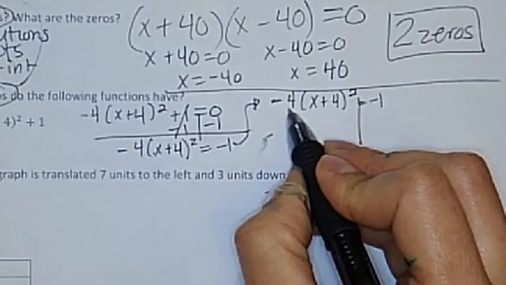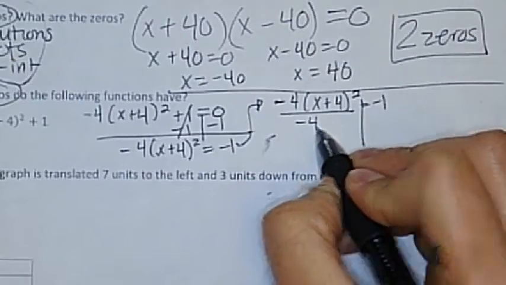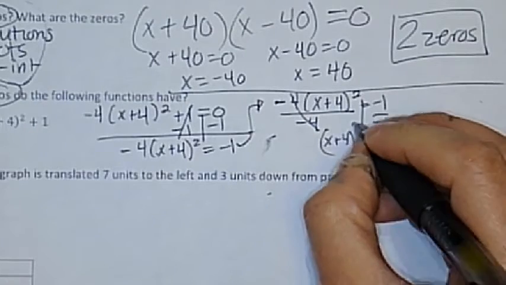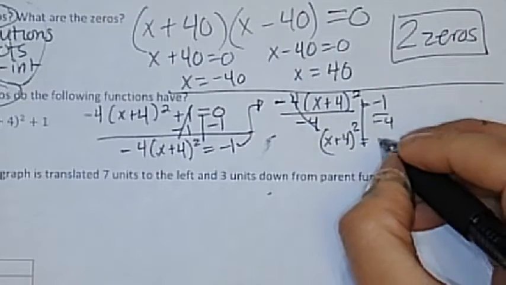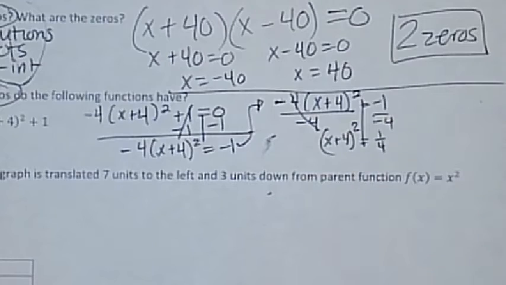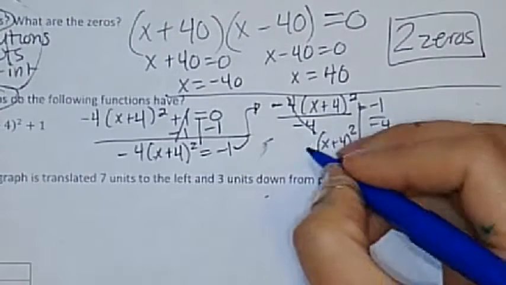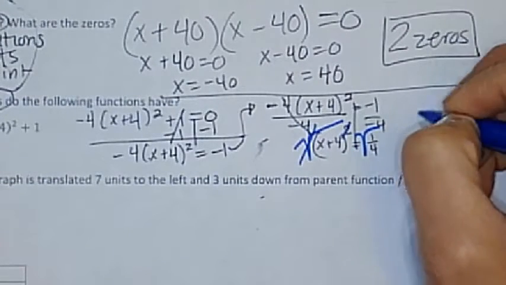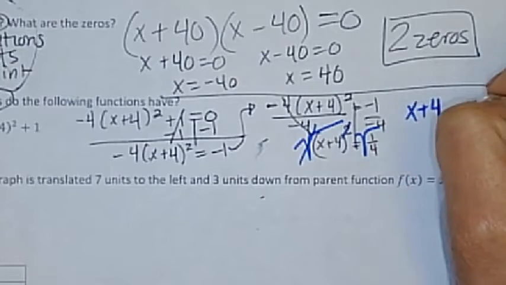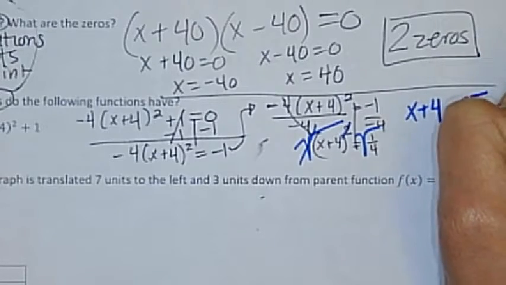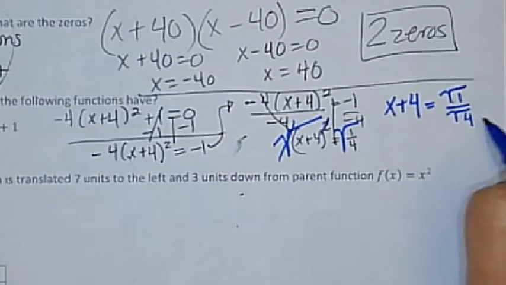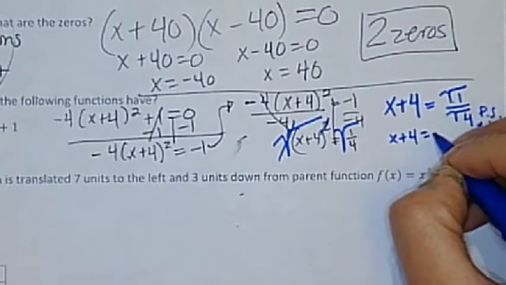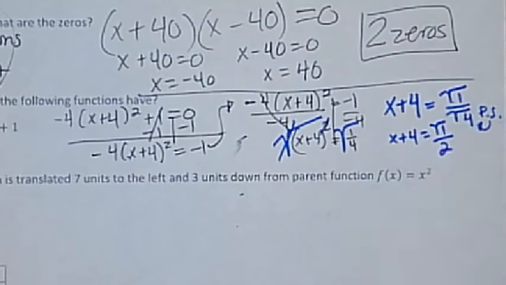From here, I've got to get rid of that negative 4. I can divide by it. And then I get x plus 4 squared equals, a negative divided by a negative is a positive. From here, I'll do my square root. That eliminates those. And so I have x plus 4 equals the square root of 1 and the square root of 4. The reason I divided it is because this is a perfect square right here. So x plus 4 equals square root of 1 over 2.